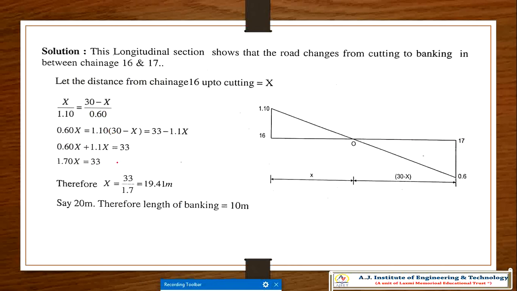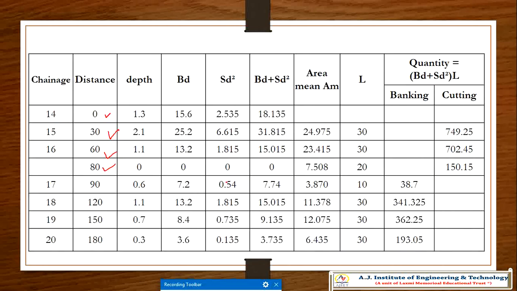This is 20 and this is 10, so 60 plus 20, the 20 will come up to here. This line is cutting and banking, as you know.